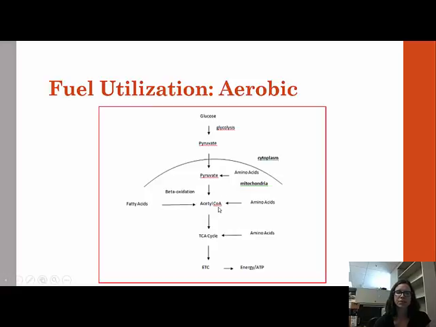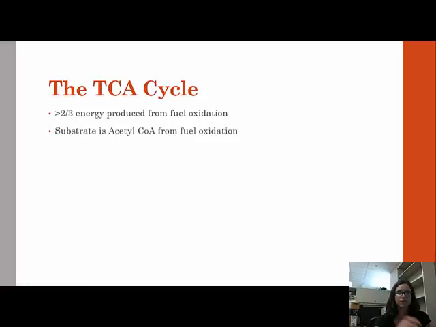So this is our common substrate. Then it goes into the TCA cycle, the electron transport chain, and this is how our body produces ATP that we need for energy. The TCA cycle produces over 2/3 of the energy from fuel oxidation. And again, acetyl-CoA is our common substrate that we need for this process.